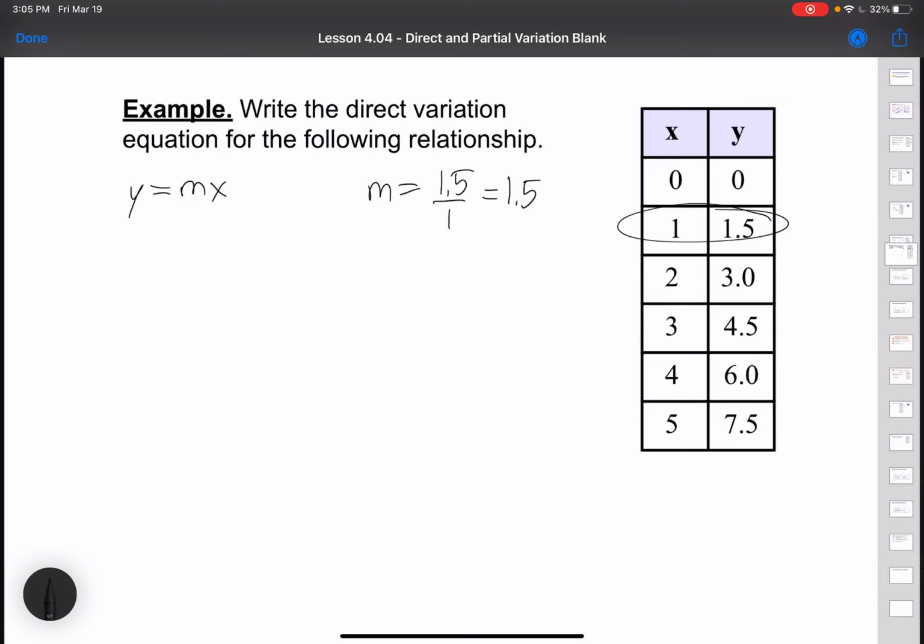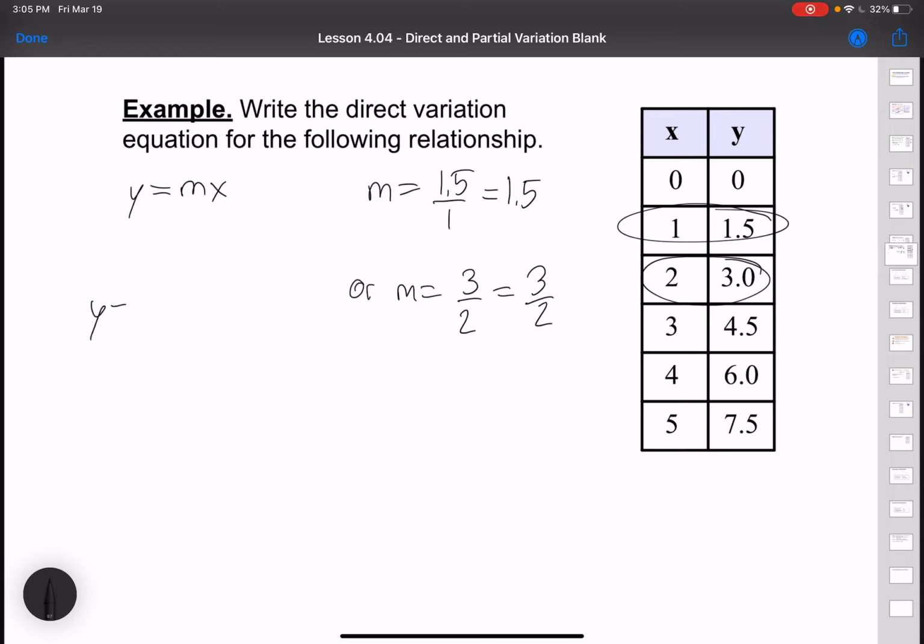But let's take a look at another one, because we could write this in another way, and you'll see that it's equivalent. Let's take a look at the second point, and you'll see that y is 3 and x is 2. So you could also just write this as 3 over 2, because that's the most reduced version of that fraction, which is 1.5.